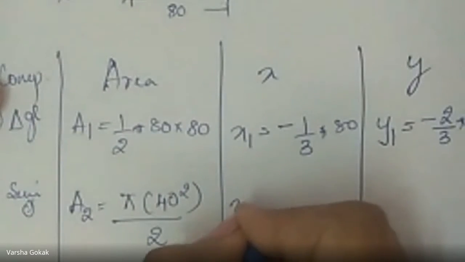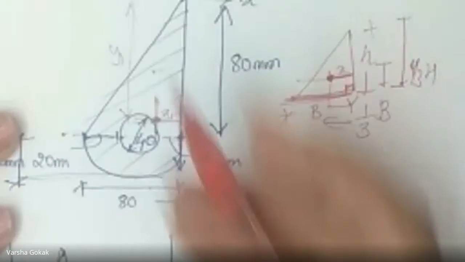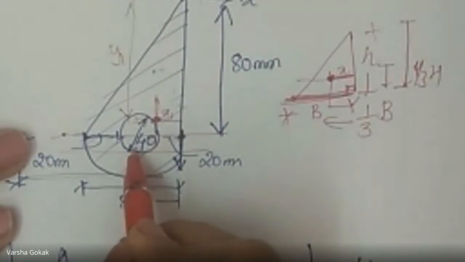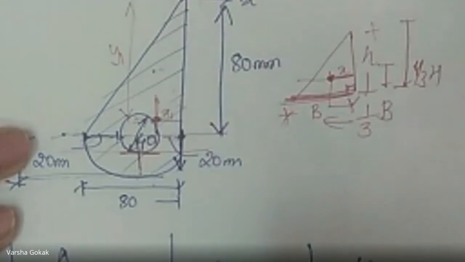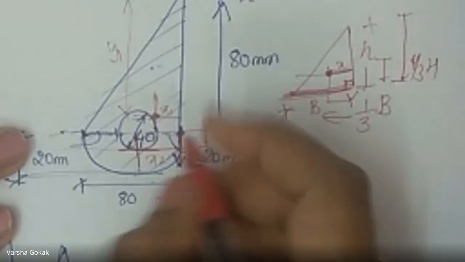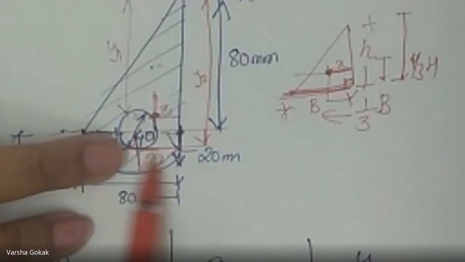Right? Then comes x2. Look into the semicircle. I'll use this pen. CG of the semicircle is going to lie here. Correct? Now this is going to be x2 and y is going to be from where to where? From here to here is my y2. First tell me what is this x2 value?